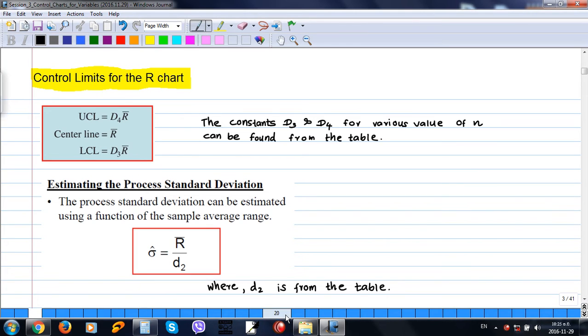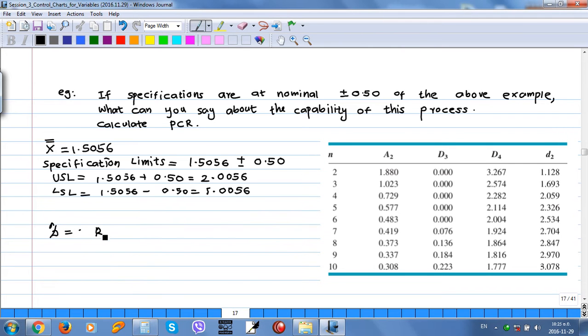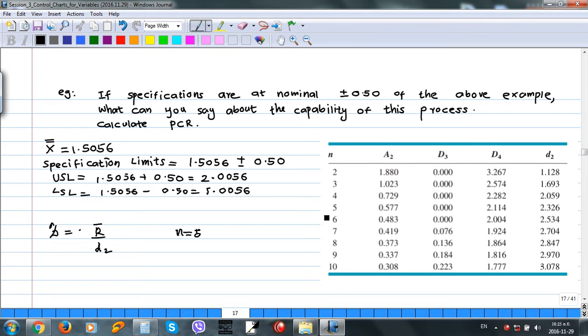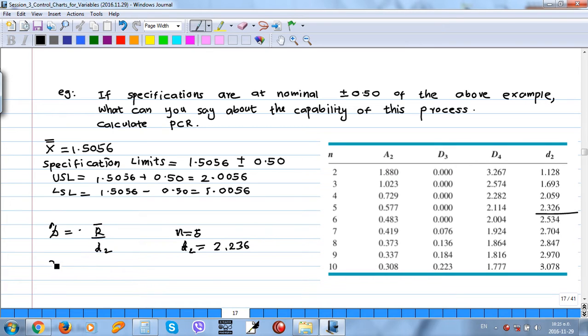Here n equals 5, so there are 5 samples, and you need to find d2. When n equals 5, d2 is 2.236.